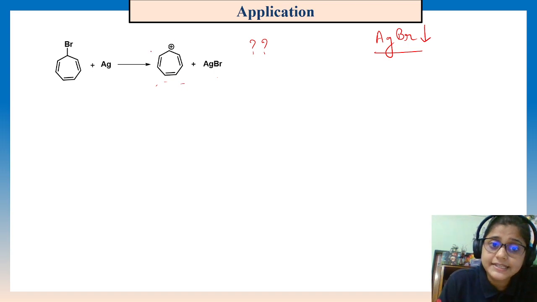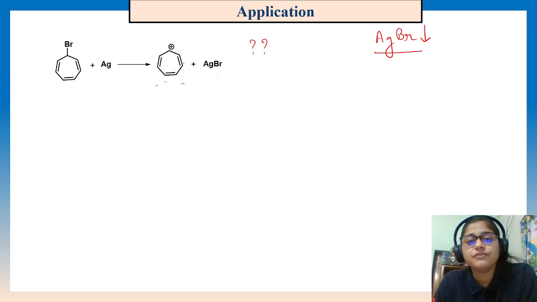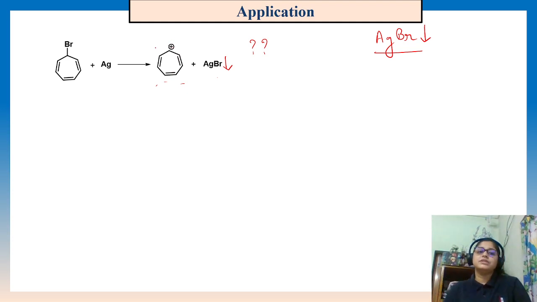Is this cation stable? If this cation is stable, then only this reaction will go forward. Because precipitation happens, it will obviously be favorable, but this cation should also be stable. How can we see the stability of the cation? Here again comes aromaticity. You can see aromaticity has diverse applications.